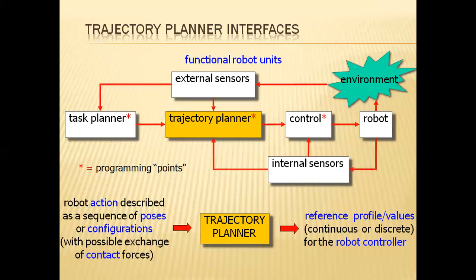And this trajectory planning system will be submerged under a controller, and hence the controller will take care of the overall elements, either internally existing elements or externally existing elements.